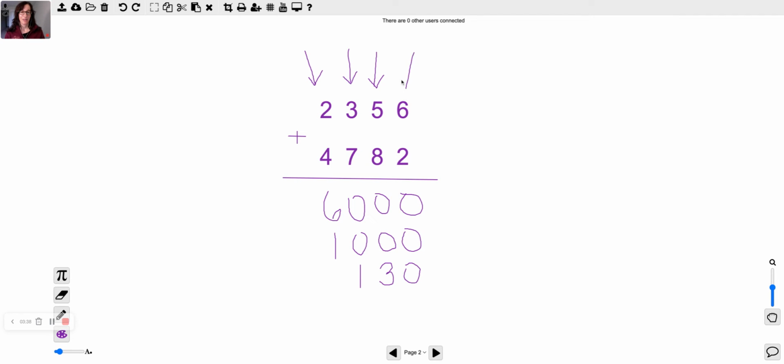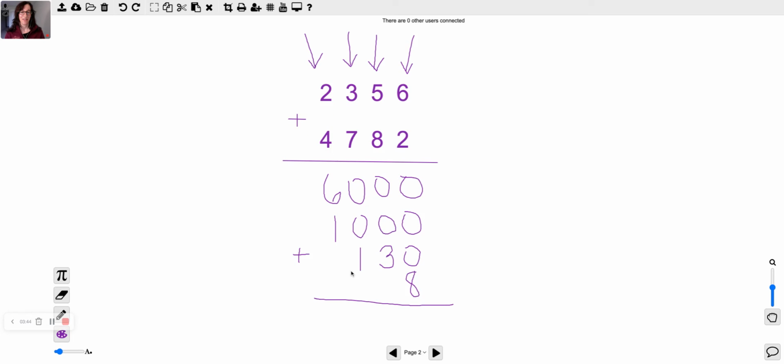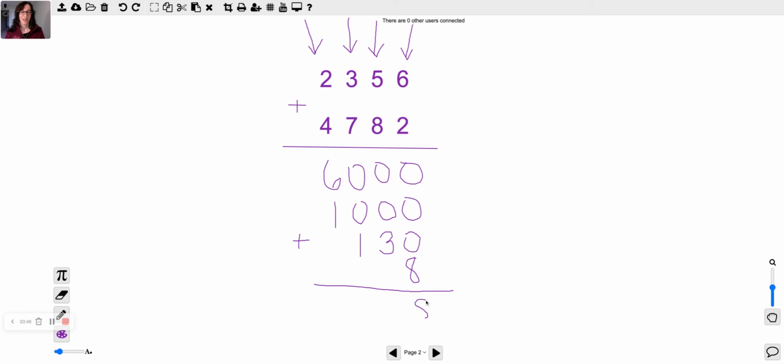And then 6 plus 2 is just 8. Line up your numbers correctly, and then you'll have no problems adding them. You get 8, 3, 1, 7. 7,138.